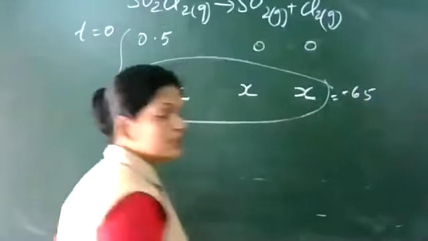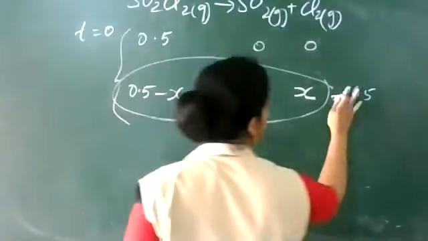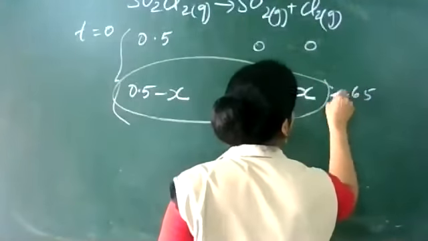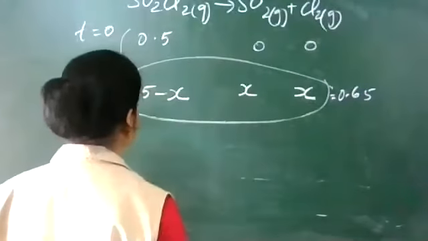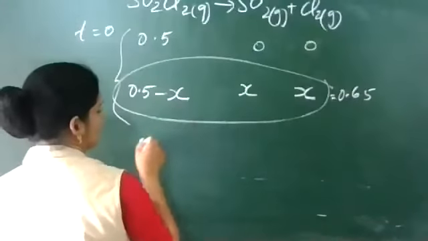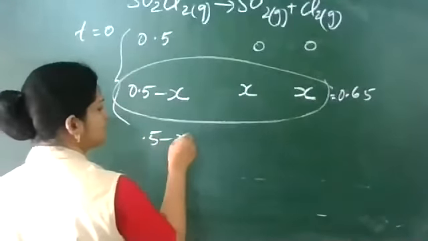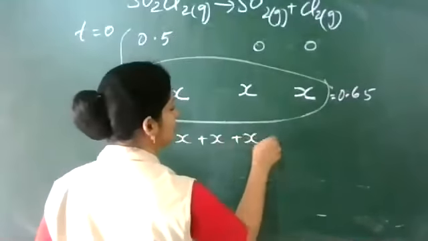So you add: 0.5 minus x plus x plus x is equal to 0.65.